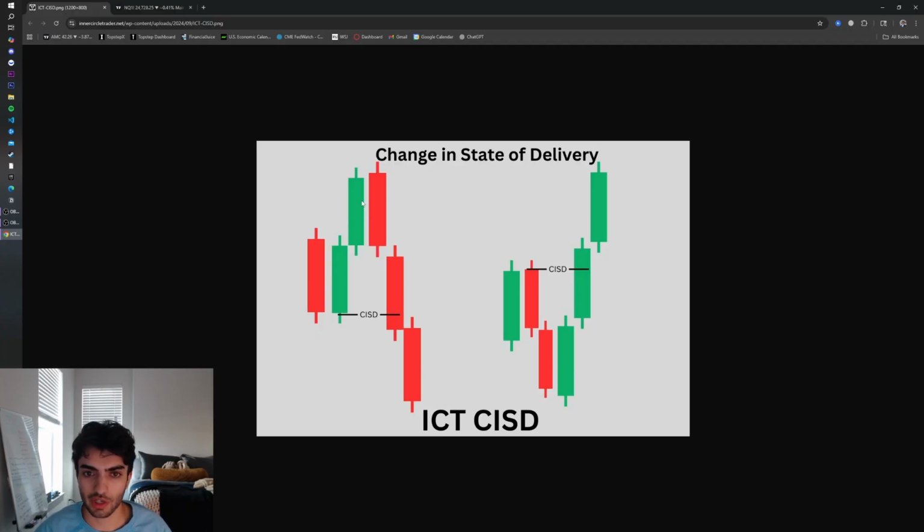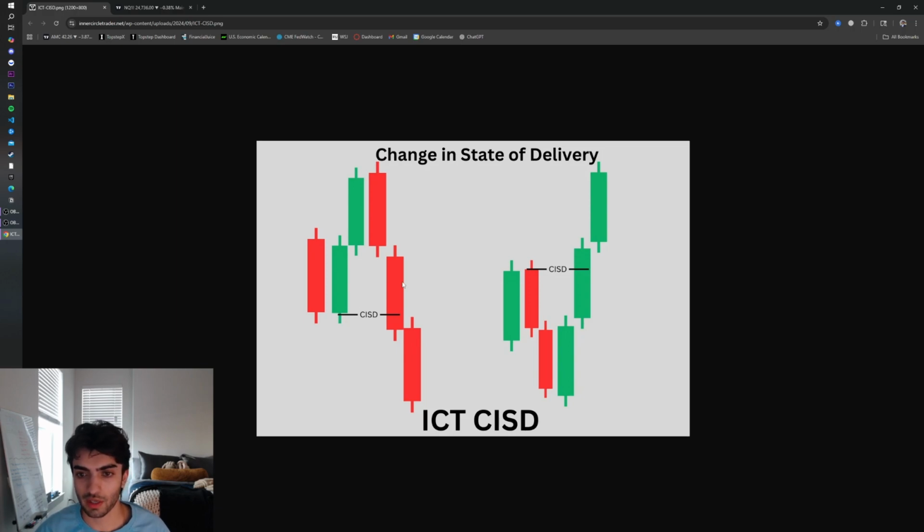Price may have looked bullish here, but if you keep watching, if price does close below the body of the candle that created that leg up, that's going to be a good indication that you're moving lower. So you don't mark out the wick, you mark out the bottom of the body.